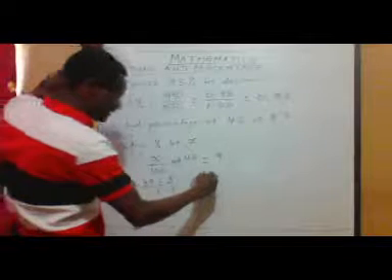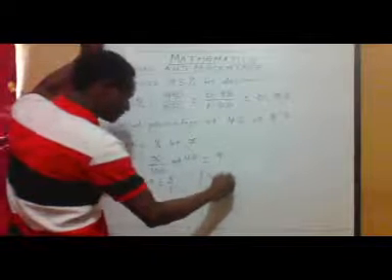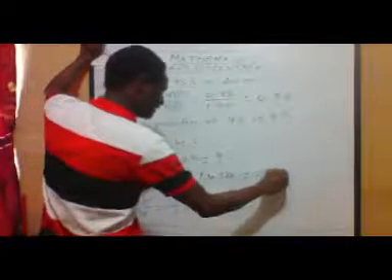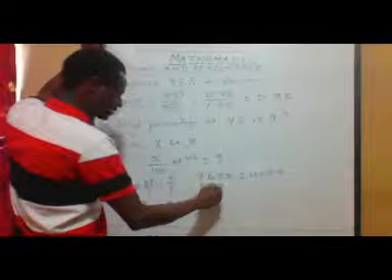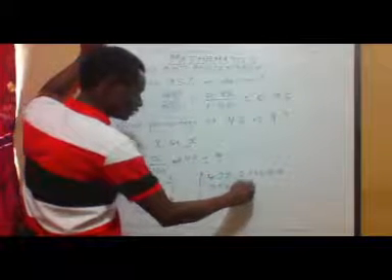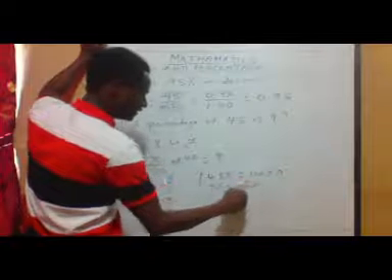Cross multiply: 45x times 1, that's 45x, is equal to 100 times 9, that's 900.